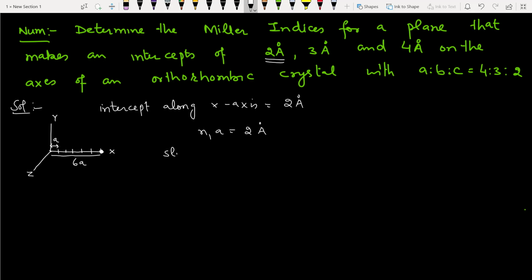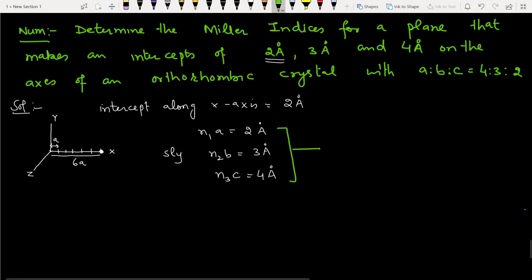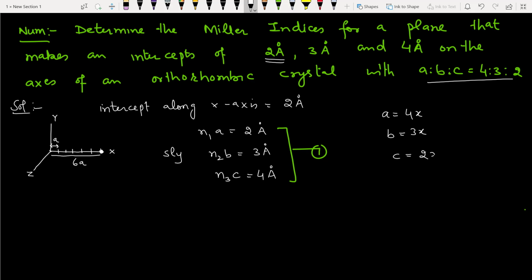Similarly, n2 into B will be 3 angstrom for the y-axis, and n3 into C will be 4 angstrom. Also, as A ratio B ratio C is 4 ratio 3 ratio 2, we can write A as 4x, B as 3x, C as 2x.